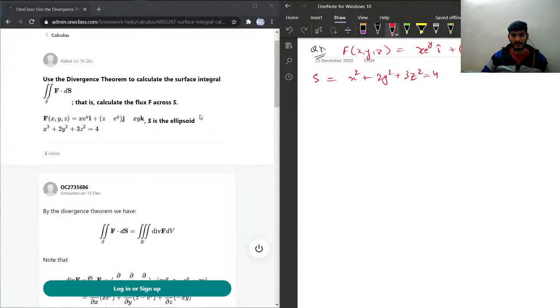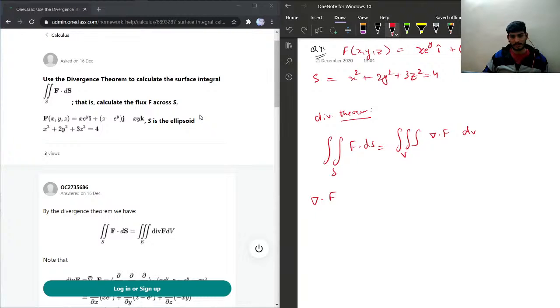Now the divergence theorem is that the surface integral of f dot ds will be converted to a volume integral, and this will be divergence of f times dv. Now for this, first we are going to calculate the divergence of f.